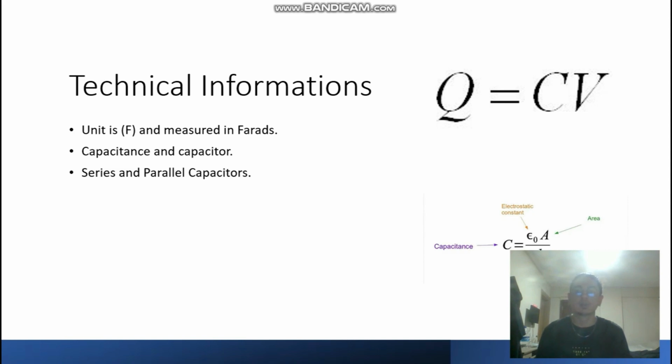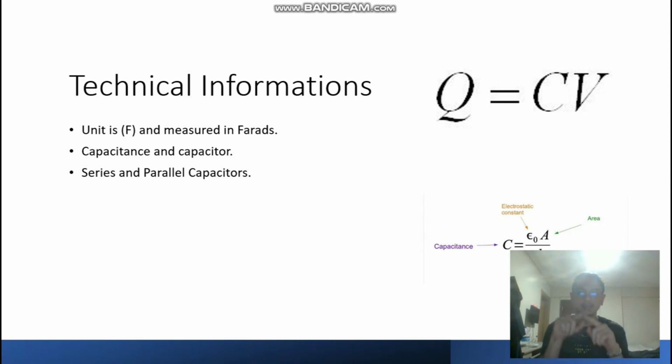Now, capacitance and capacitor are different things. A capacitor is the device, and capacitance depends on some variables like the electrostatic constant and area.